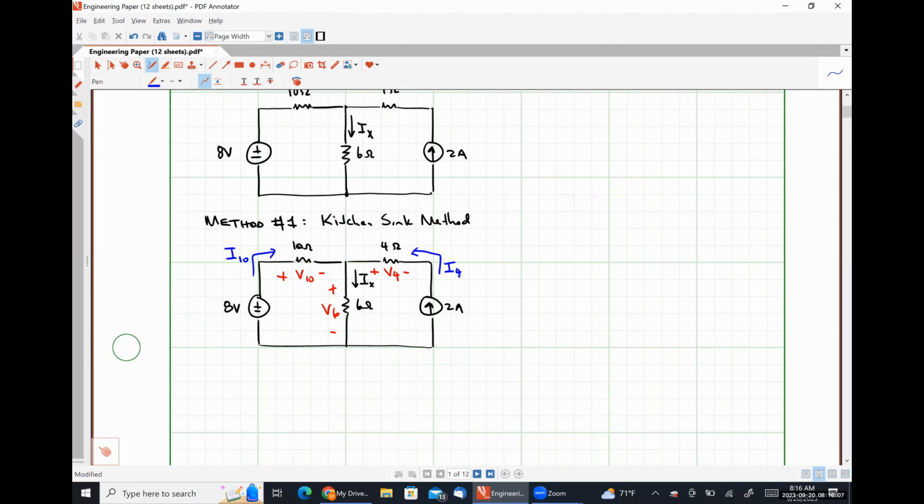In order to solve this system, I'm going to apply Kirchhoff's voltage law around the left-hand loop.